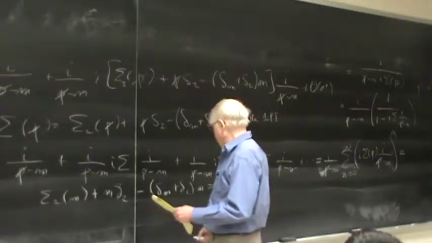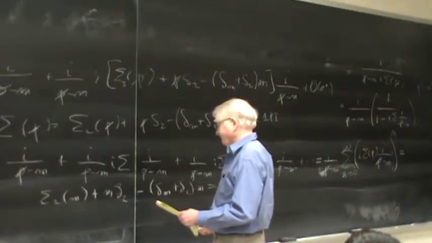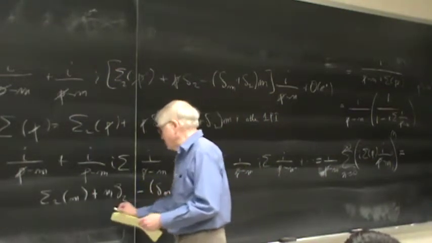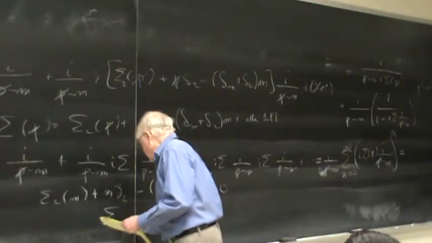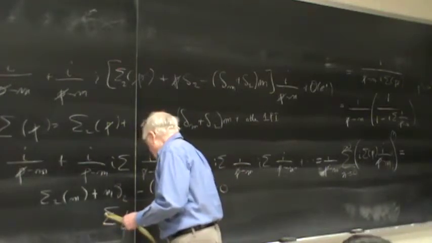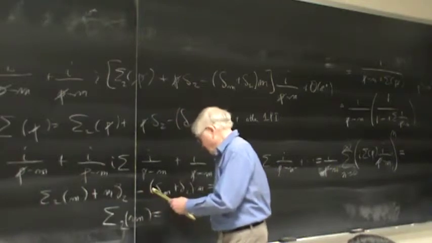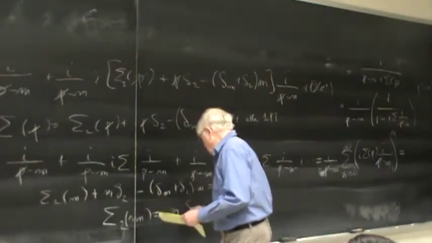Well, those two terms vanish, and this then just says that sigma 2 of m should equal m delta m.